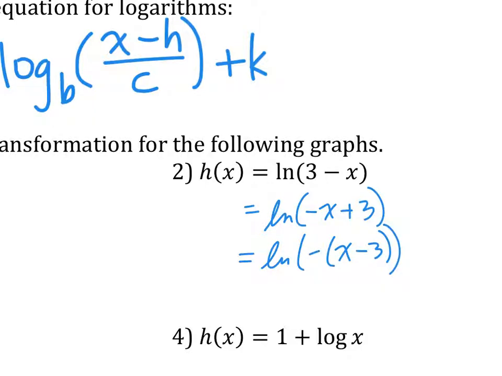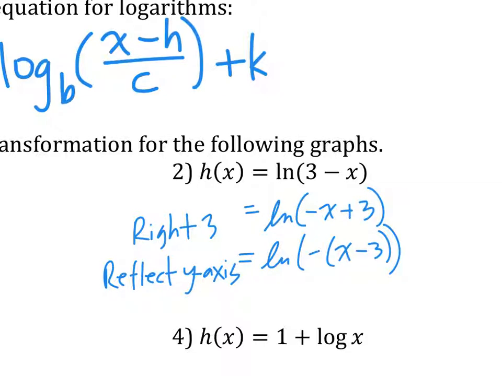So now if you look at it, what are the transformations? Okay, right, 3. Yes, reflect over the y-axis because the negative is inside. So again, please make sure you factor out whatever is in front of x.